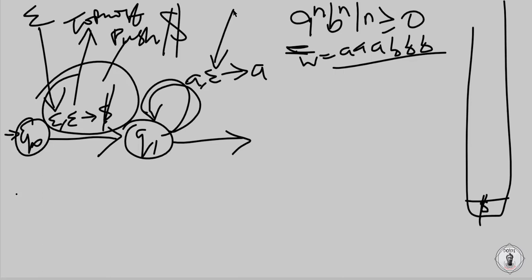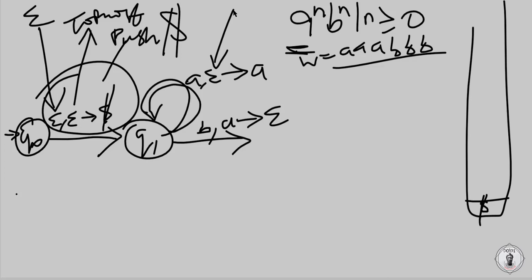If I don't have a B, I'm stuck at Q1 because there will be no move to make. So the only provision I'm making here is B. If I receive a B and the topmost element is A, which should be the right thing to happen, I want to remove A. From the definition of what I just described, we are doing a pop operation now.